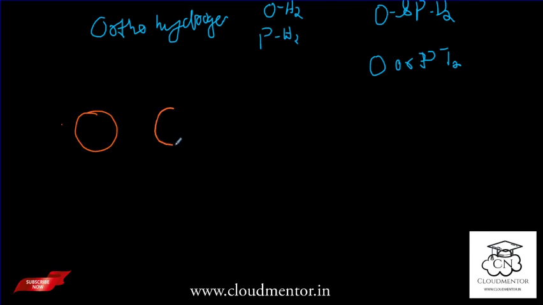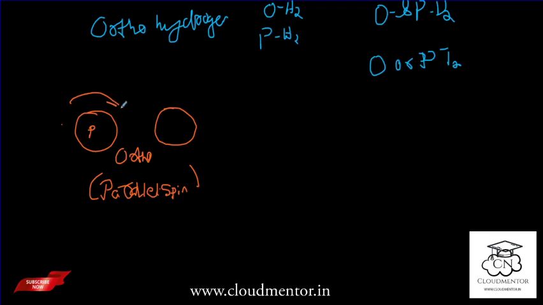First I will show the ortho. Ortho isomers have the parallel spin. It is like this. They will spin in the same direction.